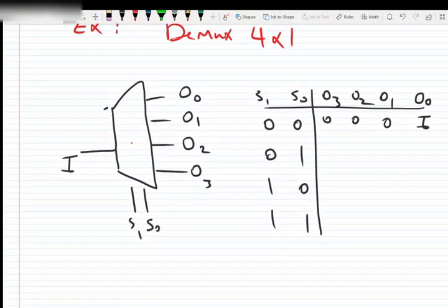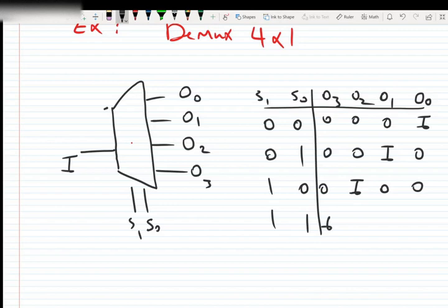If the control input is 0 1, output O1 is I, and the other outputs are 0. If the control inputs are 1 0, output O2 will be I, and the other outputs are 0, and same for the last output. So this one is the 4 by 1 demultiplexer.